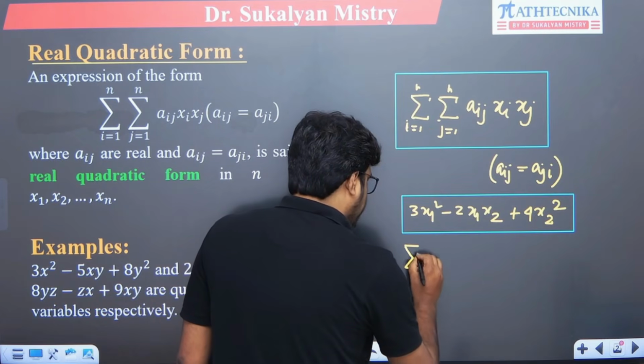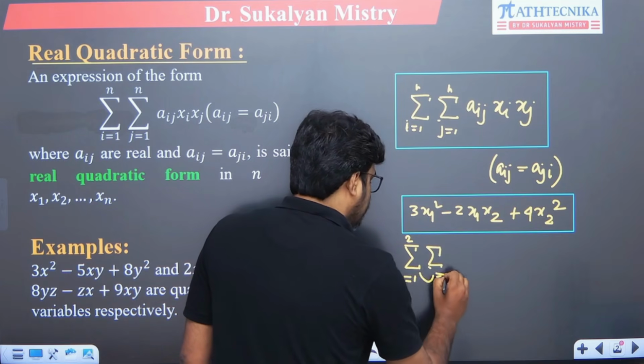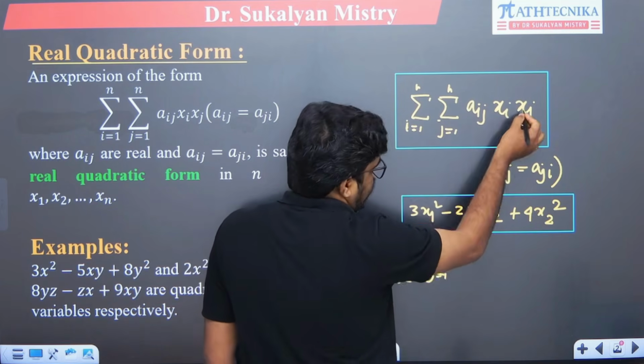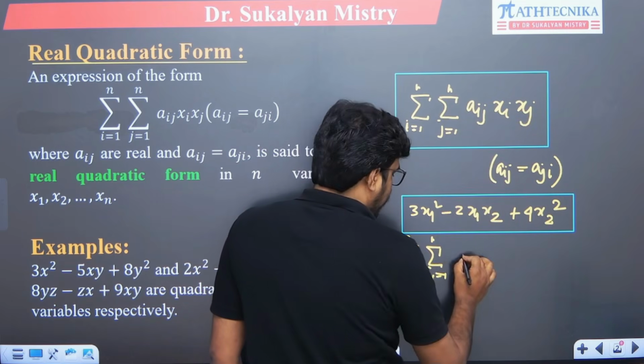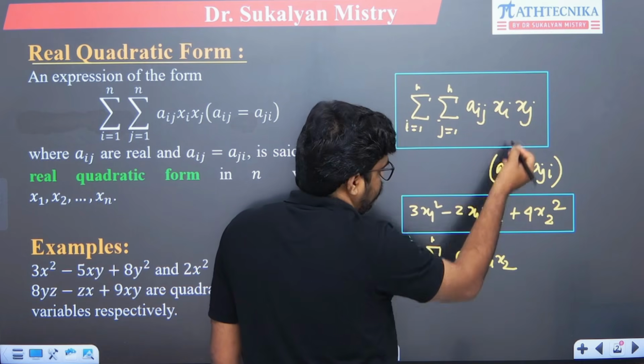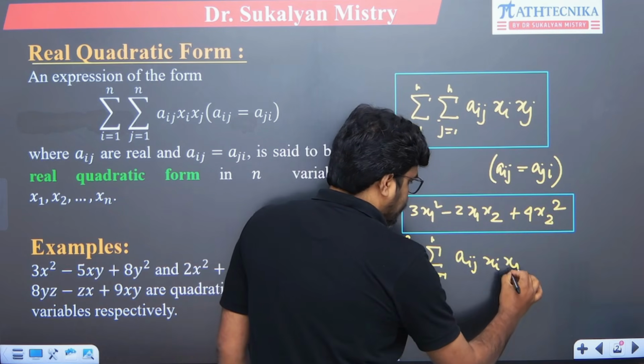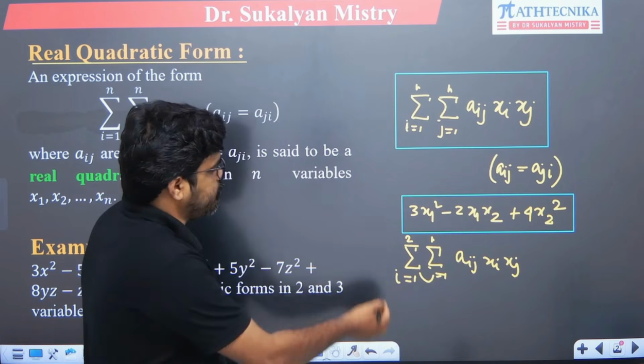If we compare this, summation i equal to 1 to 2, summation j equal to 1 to 2, right, aij xi xj, getting my point? দুটো ভ্যারিয়েবল আছে, ঠিক? So aij xi xj, i varies from 1 to 2 and j varies from 1 to 2.